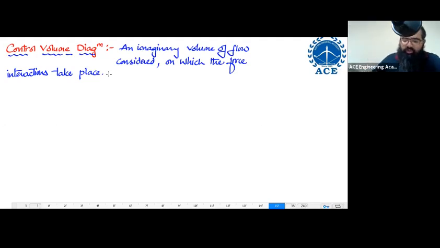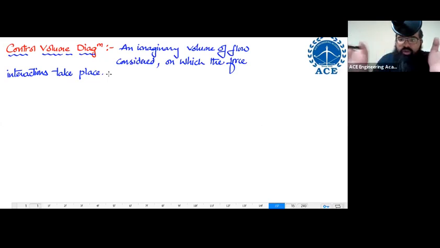This is a control volume. Now, one important thing regarding control volume is that this control volume will have a boundary, because you are taking an imaginary volume. It can be real also, it can be imaginary also. You are going to have some boundary to this control volume.